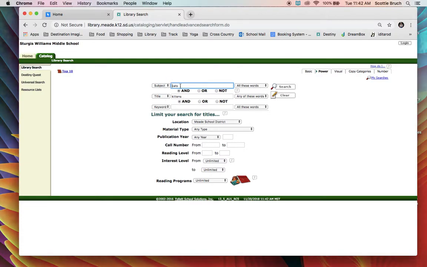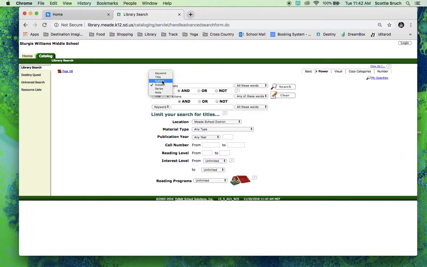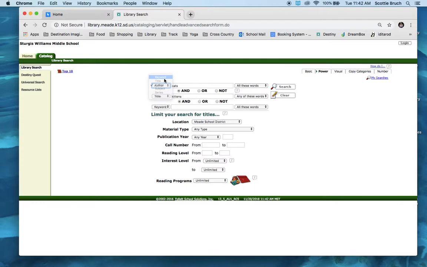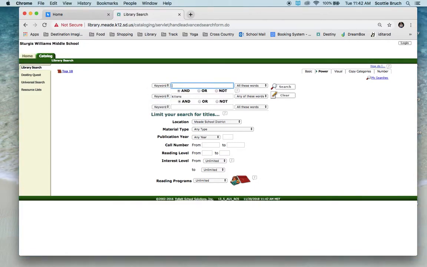This can come in really handy, or maybe you just know the author, or you need it to be something and something else, or 3 things that need to be and, or not. So this is something that's interesting to play around with if you are looking for specific kinds of books, and especially for research projects.